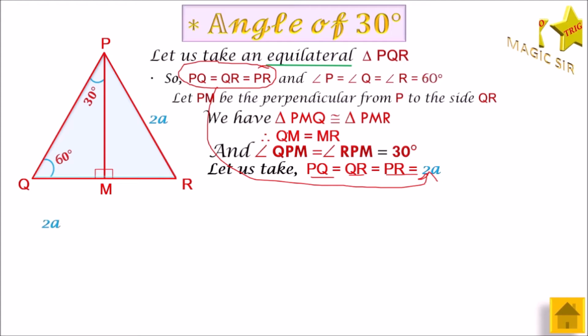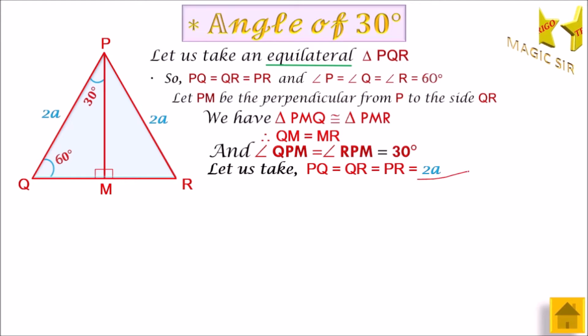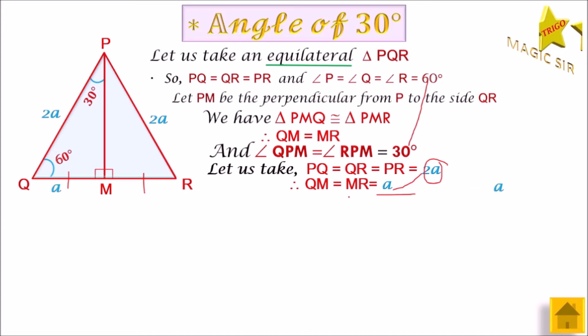So we put PQ equal to twice A and PR equal to twice A in the figure, and also QR is equal to twice A. But we know that QM equal to MR. So QM equal to MR is equal to A, since A plus A is equal to twice A. So QM equal to A, MR is equal to A.